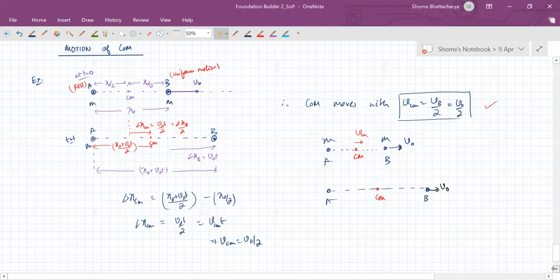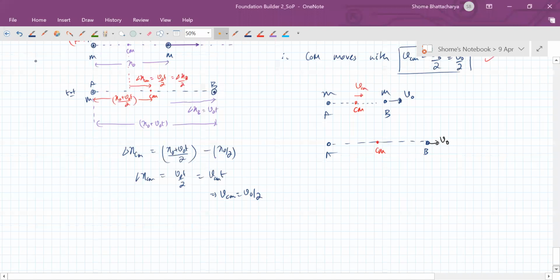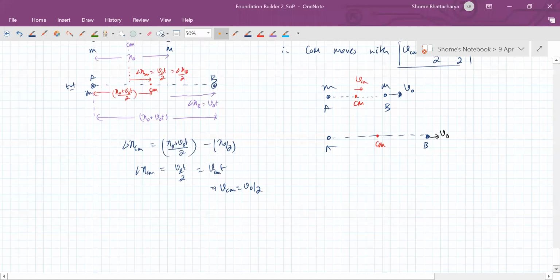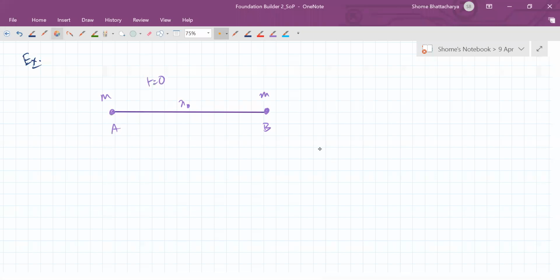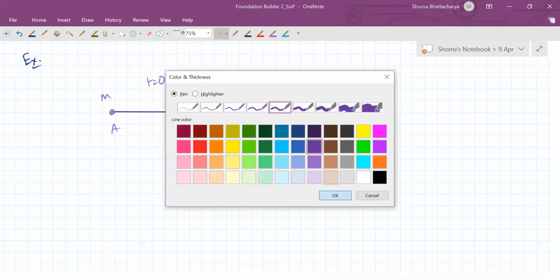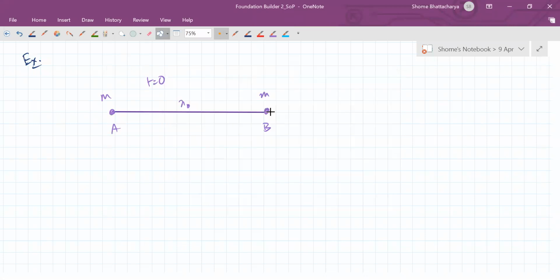Now let's take another example. Again, we have this two particle system, and again, they're of equal mass. This distance is x0 at t equal to 0. But this time, A and B are moving with uniform velocities in opposite directions like this.